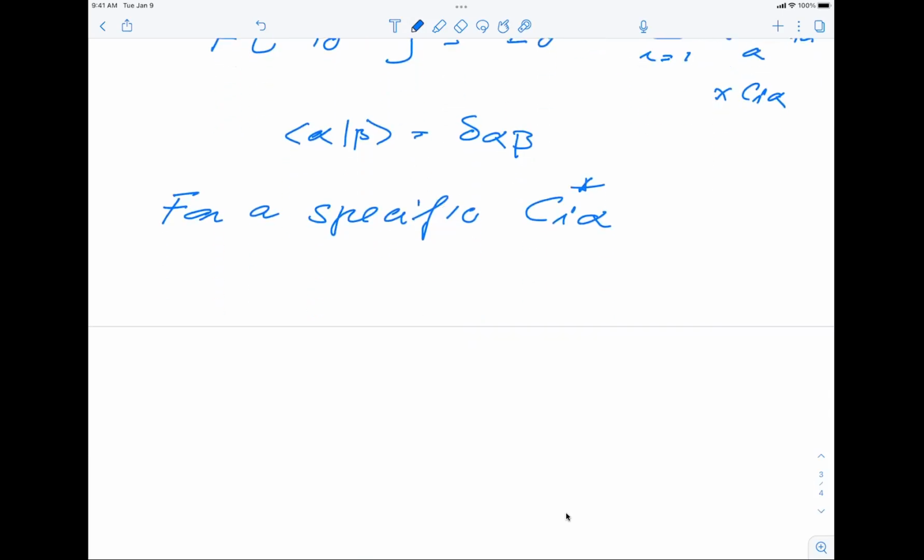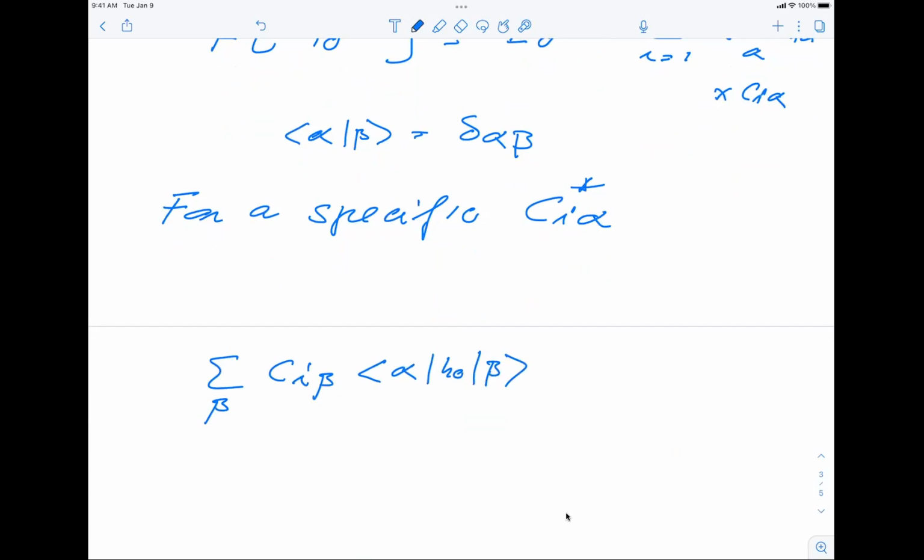I will have a sum over beta, if we go back to the expression, and then a Ci beta, multiplied with the matrix element alpha, H0, beta. So that will be that term.